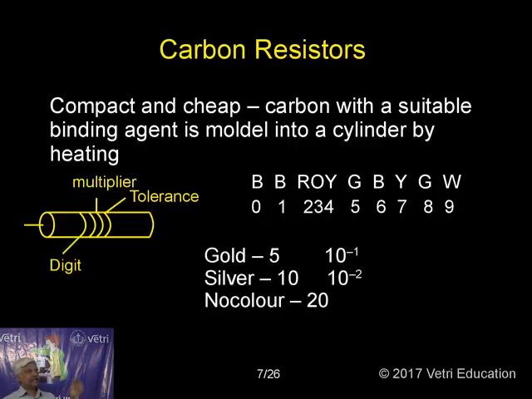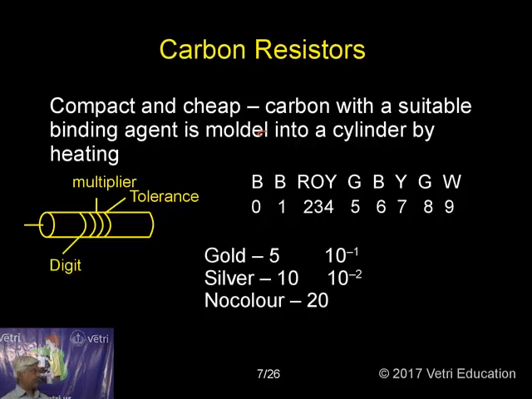The carbon resistor is smaller in size, compact and cheap, maybe 50 paisa or 1 rupee. Carbon with a suitable binding agent is molded into a cylinder by heating.